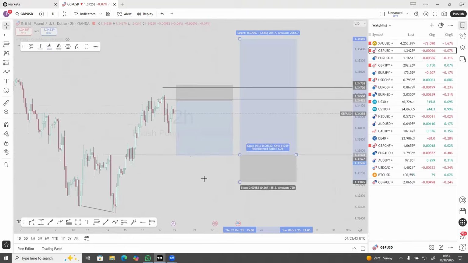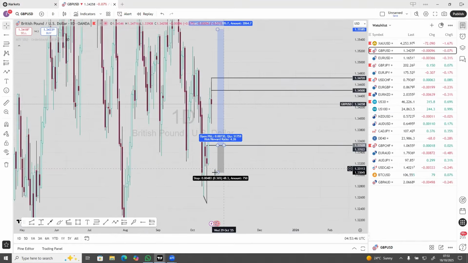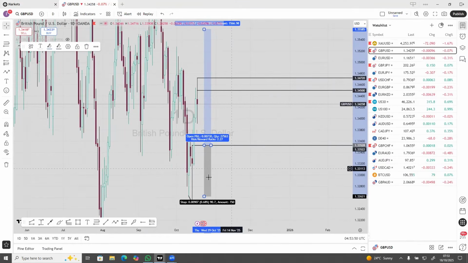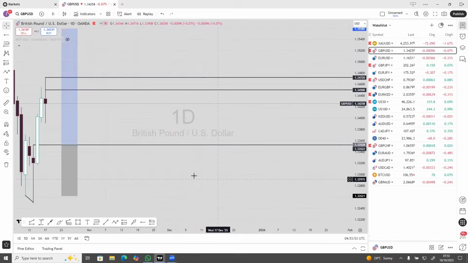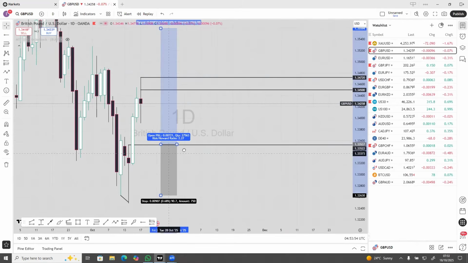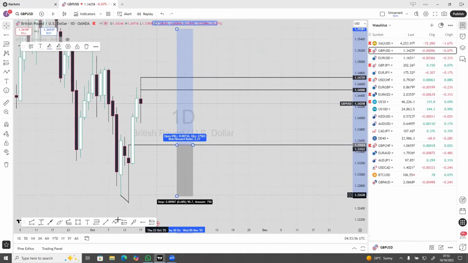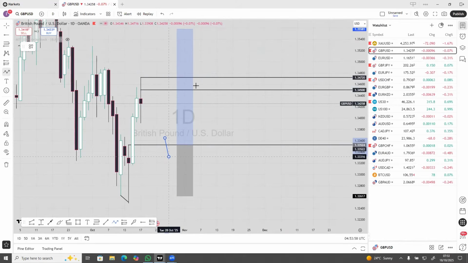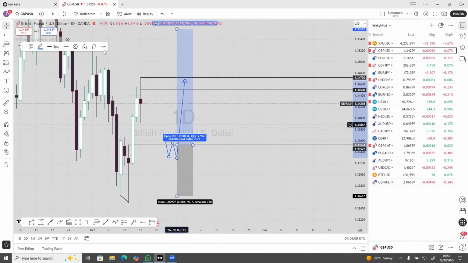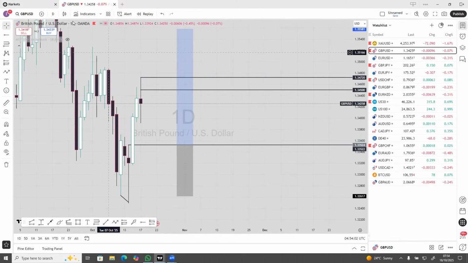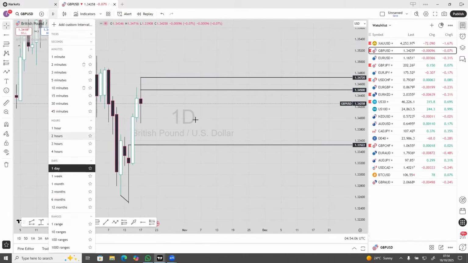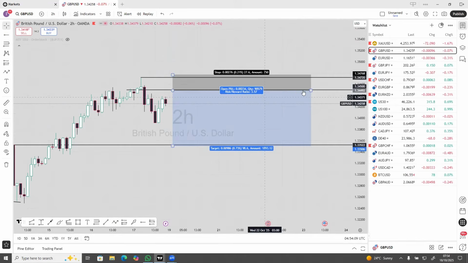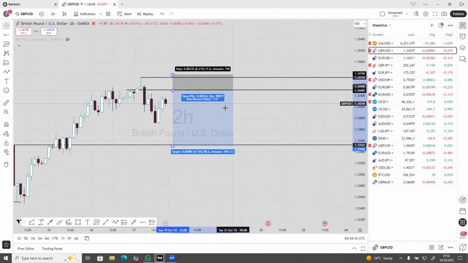You can see we have daily demand over here. So wait for confirmation to reduce that risk, because that demand covers a lot of pips. So first entry, we're supposed to take a short position from 2 hour supply, and then we'll target daily demand.